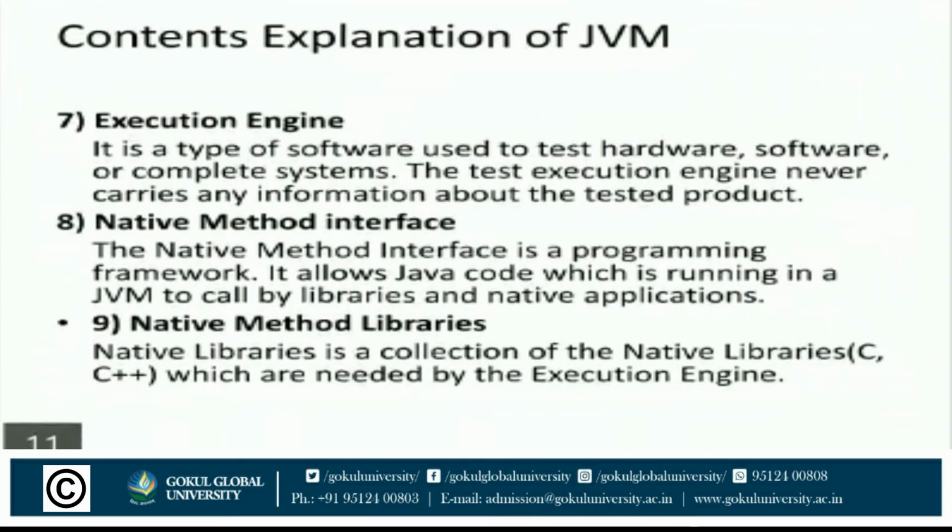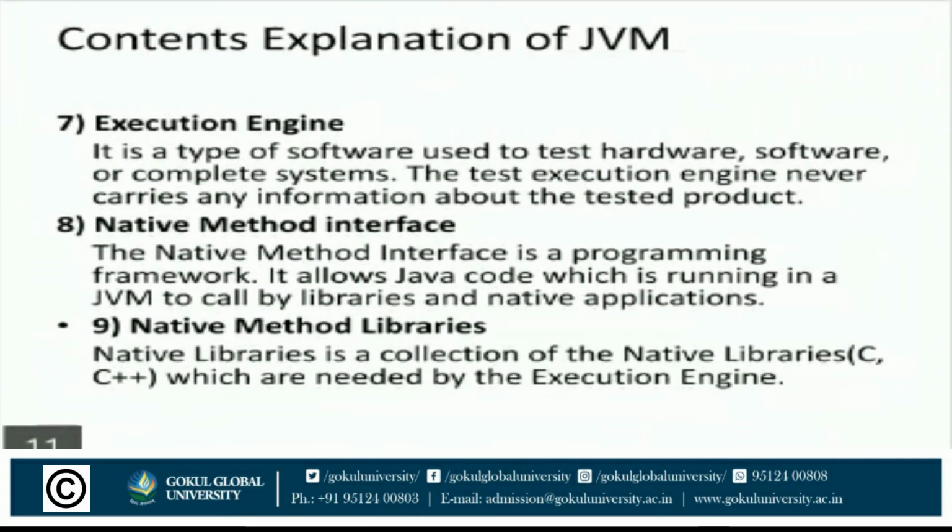Number 7 is execution engine. It is a type of software used to test hardware, software or complete systems. The test execution engine never carries any information about the tested product. Number 8 is native method interface.